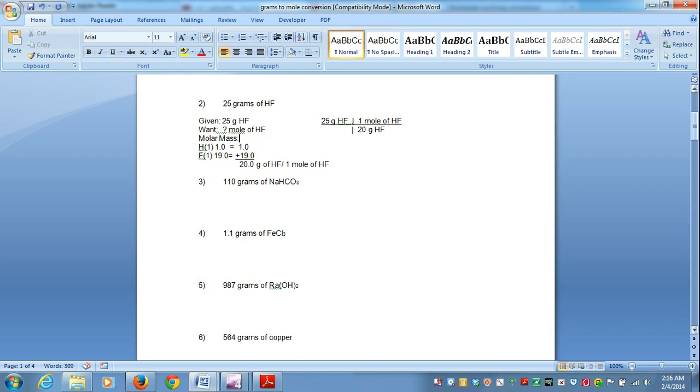Okay, so then what does math look like? Well, it looks like 25 in parentheses, because our grams of hydrogen fluoride have cancelled. So we're going to be left over with 25 times 1 mole of HF.